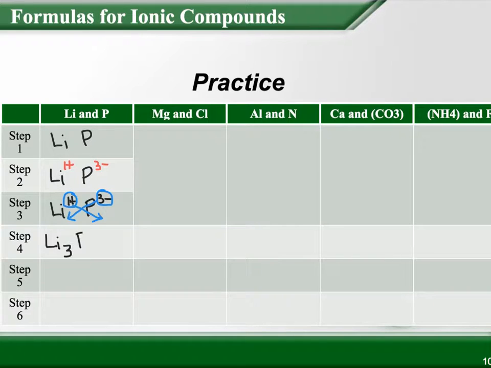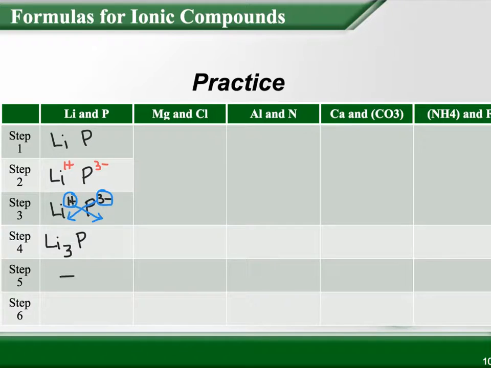And then I'm going to write the P, and P received a 1 from lithium, but we don't write 1s. Now I need to check to see if it simplifies, and it will not simplify. So anytime the formula has a 1, it will not simplify. Anytime that formula has both of them are even numbers, they will always simplify.